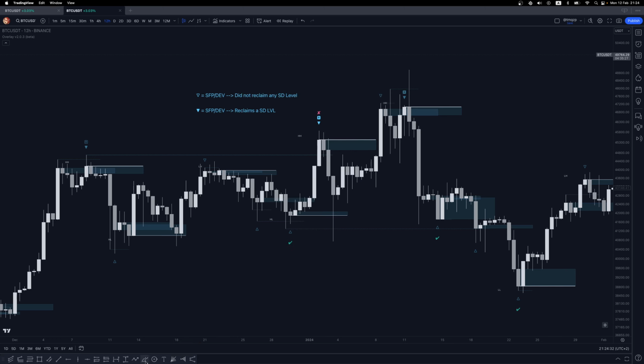Right, so let's take a look at, let's say, this one. We have a solid triangle arrow here, right? This is the high that it swings. You can see the line running through, right? That's this SD block here.